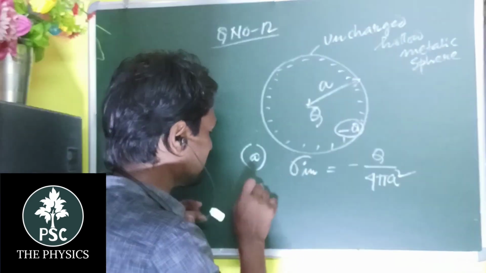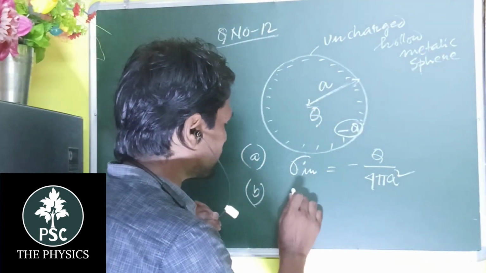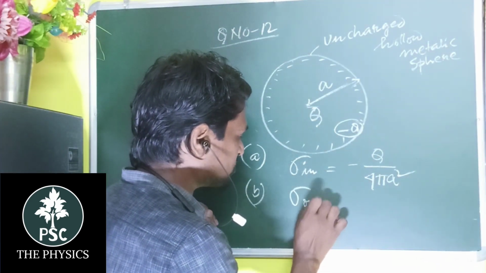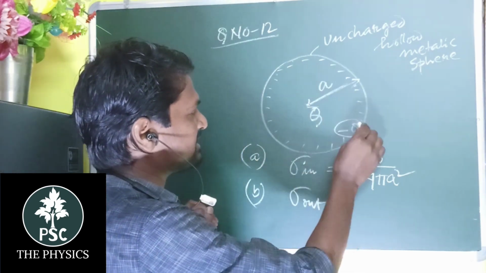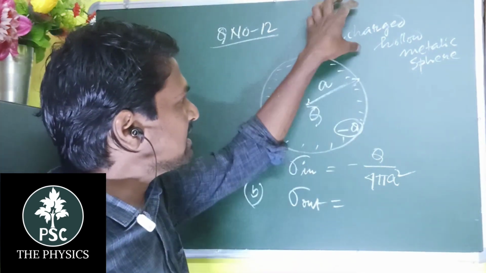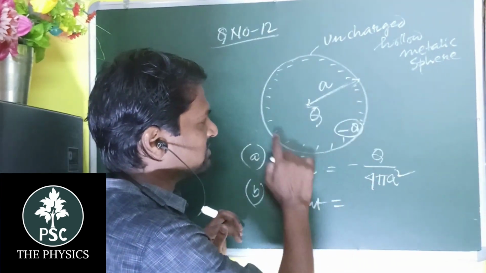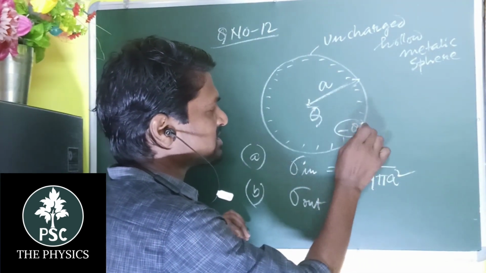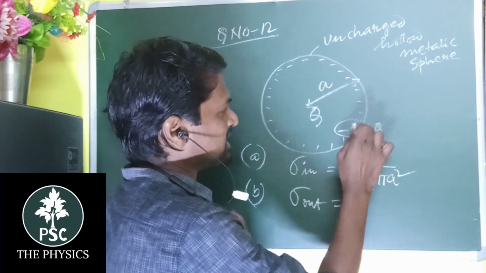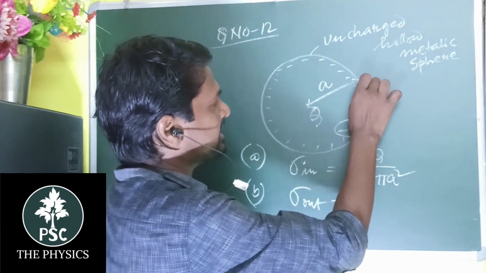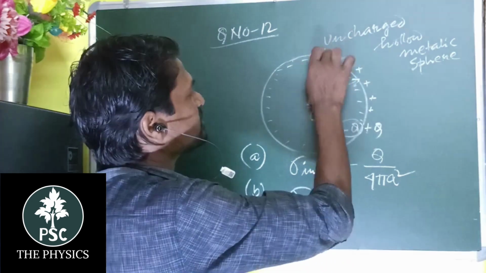For the next part, you have to calculate the surface charge outside the sphere. Since the sphere is uncharged, the net charge on it is 0. Since the inner surface has minus Q, the outer surface has plus Q. So plus Q charge is induced outside the sphere.